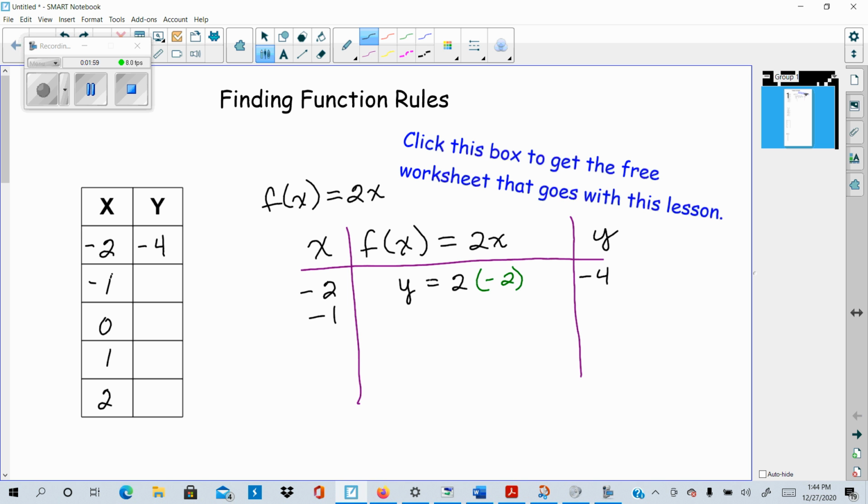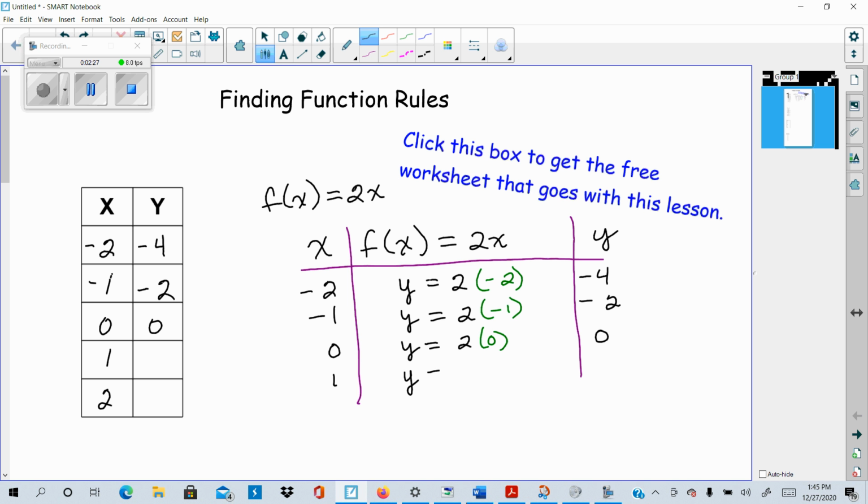Let's do the same thing with -1. 2 times -1 is equal to -2. If we put 0 in there, y is equal to 2 times 0. Anything times 0 is 0, so that's going to give us 0, 0. This becomes really important, not just that it passes through the origin, but we'll see that in a minute.